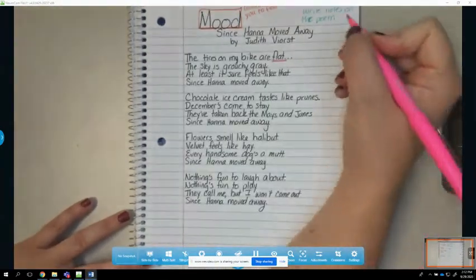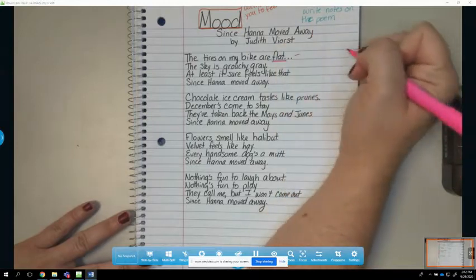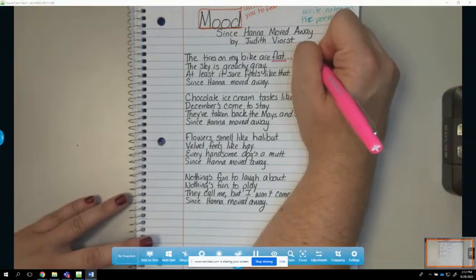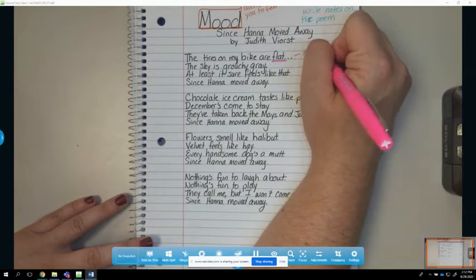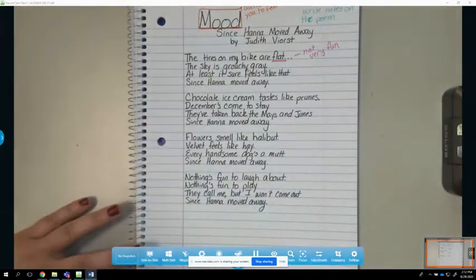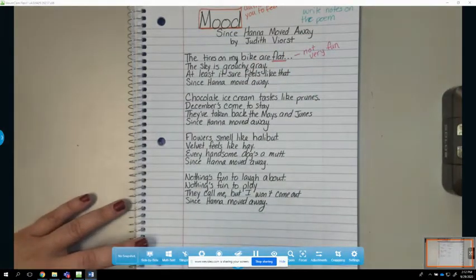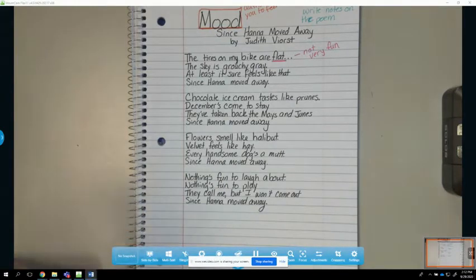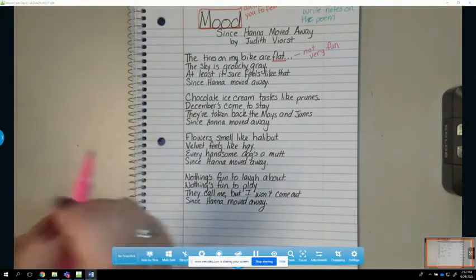Well, if the tires on my bike are flat, that means that I can't go anywhere, which means that's not very fun. It's not going to be a very good thing. I'm usually actually kind of annoyed and upset and maybe even a little angry when my bike tires are flat, because that means that I have to go pump them up, or I'm not going to be able to do what I wanted to do that day.